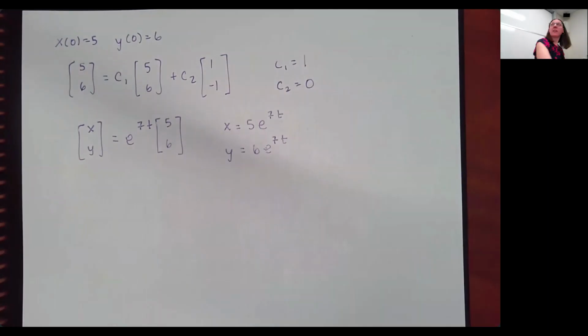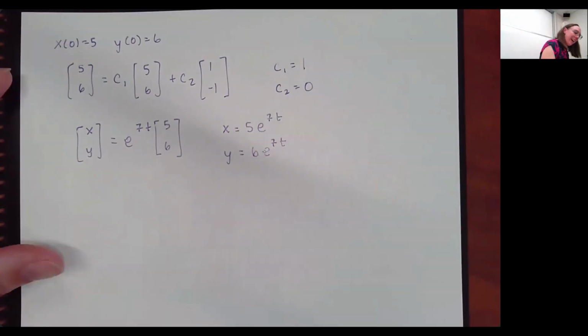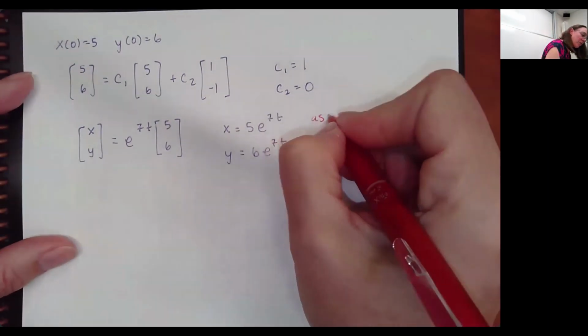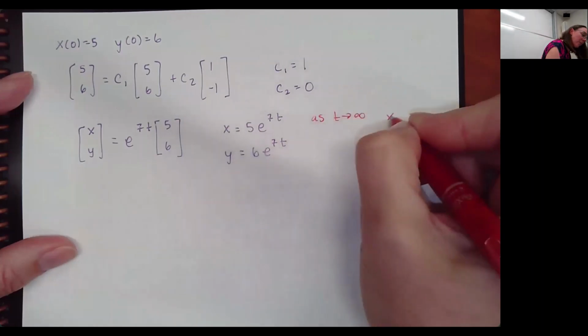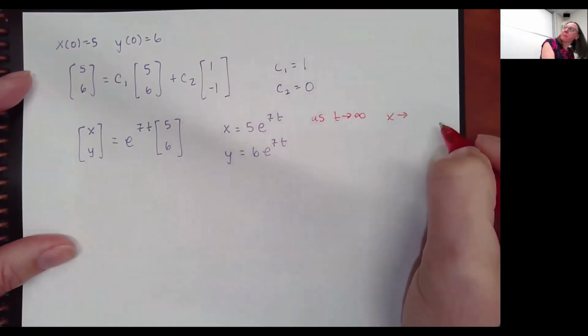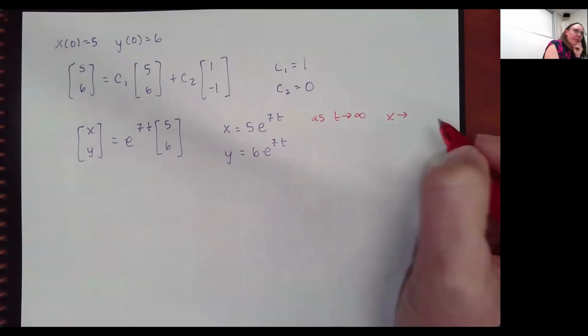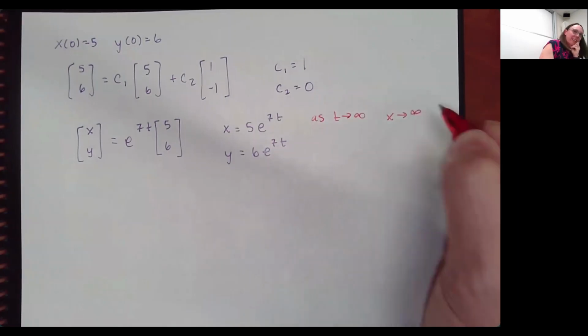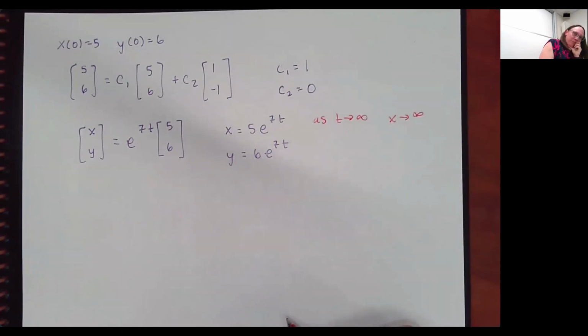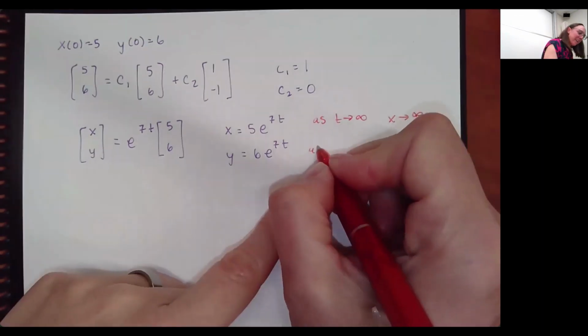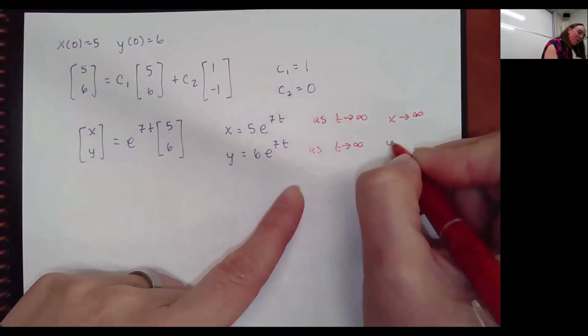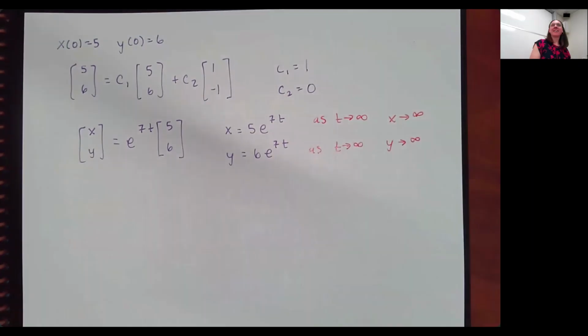So now if I look at what happens as t approaches infinity, where does x go? Infinity. Oh, yeah, positive. And so as t approaches infinity, y also approaches infinity.